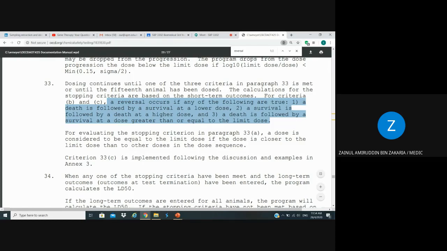Also you see survival, and then the second animal you see death. That is also a reversal. Or at a dose greater than or equal to the limit dose, let's say 2000, you see death followed by a survival. That is also called reversal.